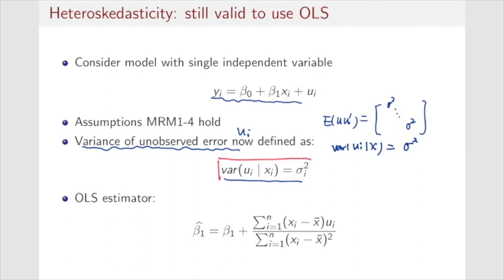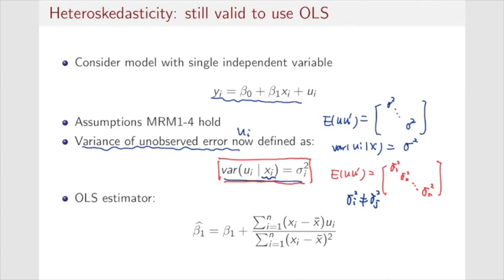But given this specification for the variance of the error term, now the variance covariance matrix is sigma_1 square, sigma_2 square, until sigma_n square. We do not require that sigma_i square equal sigma_j square. Therefore, we have heteroscedasticity because conditional on different values of x_i, the sigma squares are different.